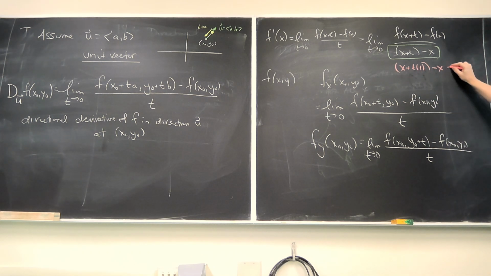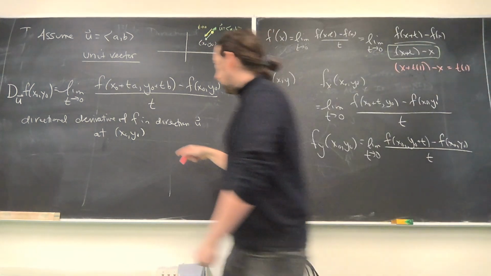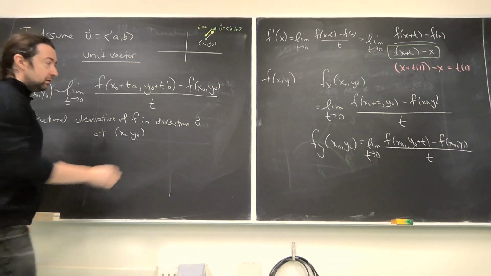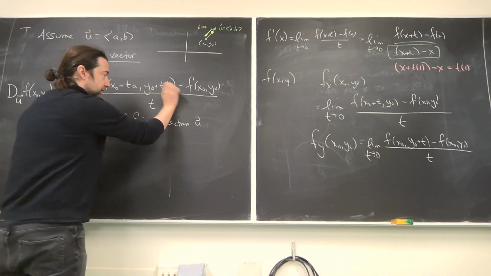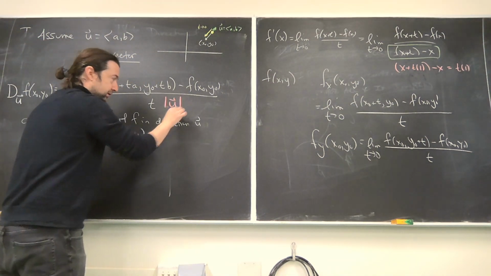If you do the subtraction, you get t times something of length 1. It's essentially identifying that the run of our slope, remember slope is rise over run, is of length 1, which means the number that comes out will just be the rise. I don't have to adjust it at all. Technically, if this was not a unit vector, there would be a length of the vector u right here.